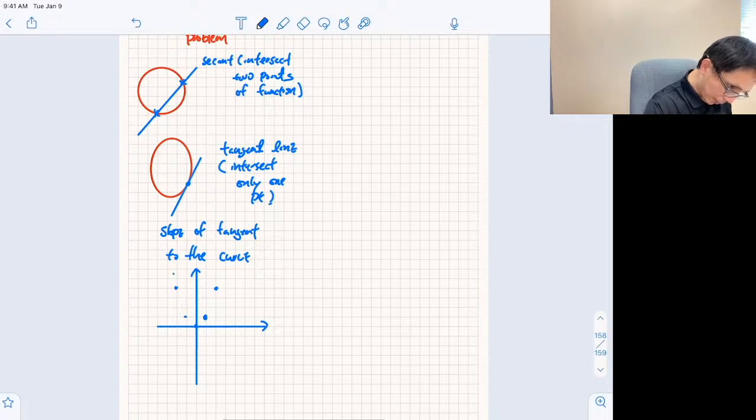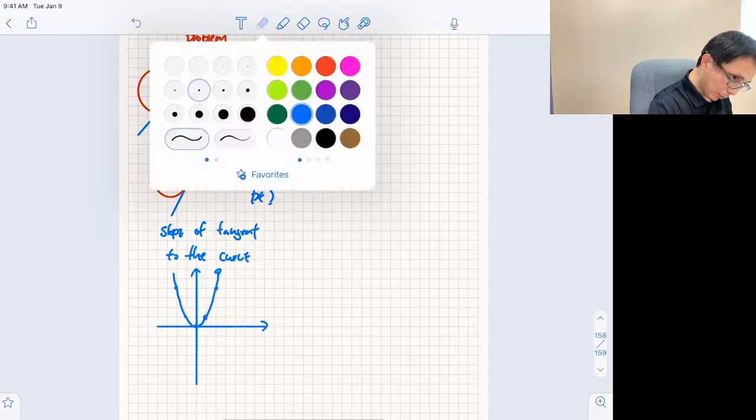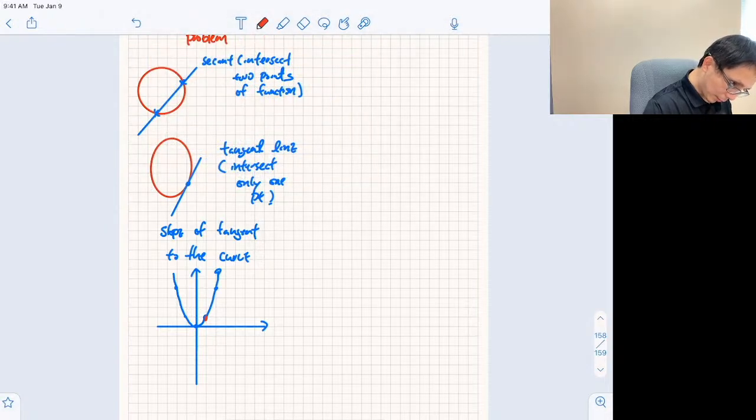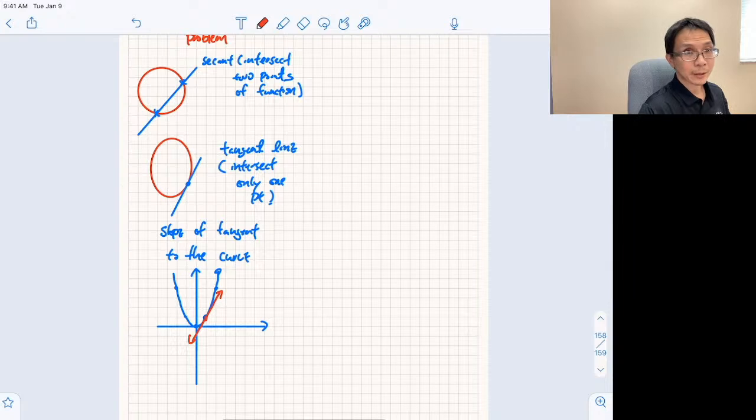First of all, that's not a very good graph, so I'm going to change that. This is actually a really, really accurate graph, by the way. So this is a tangent line at a point. How do I figure out the slope at that point? Are we okay here so far?